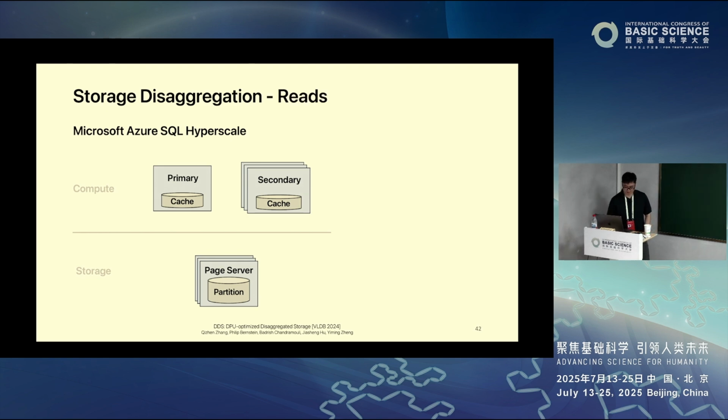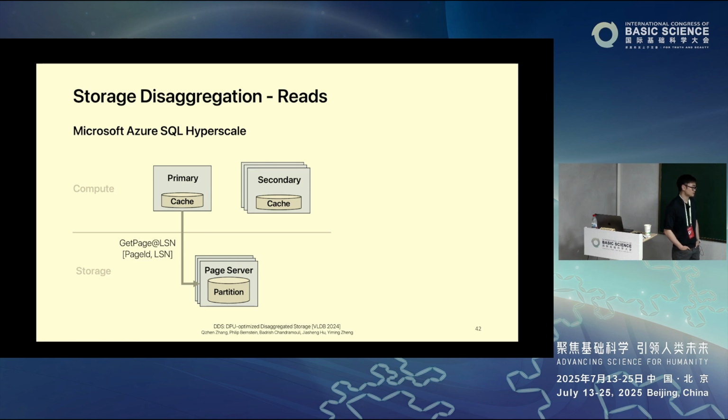So let's look at how reads are executed under this architecture. We only issue read requests when there are cache misses, right? When we execute a transaction or a query and have a cache miss, the data is not locally cached. Then the compute server will send a request called GetPage to the corresponding page server, which has the page.